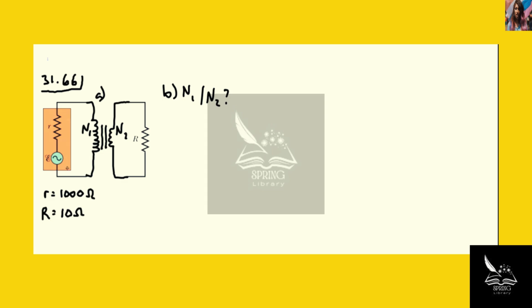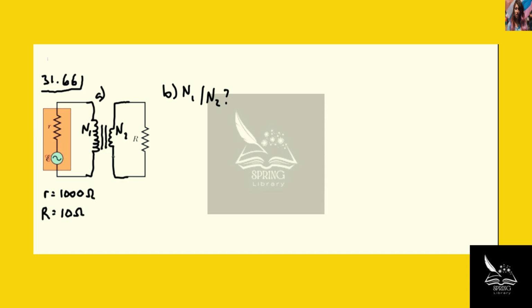One would be to write down what the power in the resistor is as a function of, say, the current over here, and then treat the turns ratio as a real variable, take the derivative of that power, and then maximize it. And that's a really tedious way of doing it.